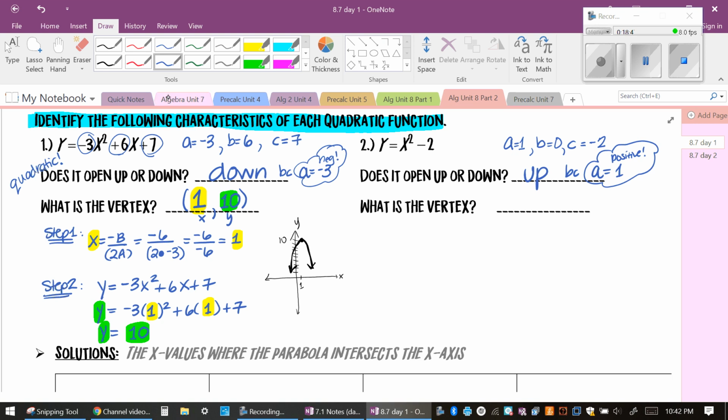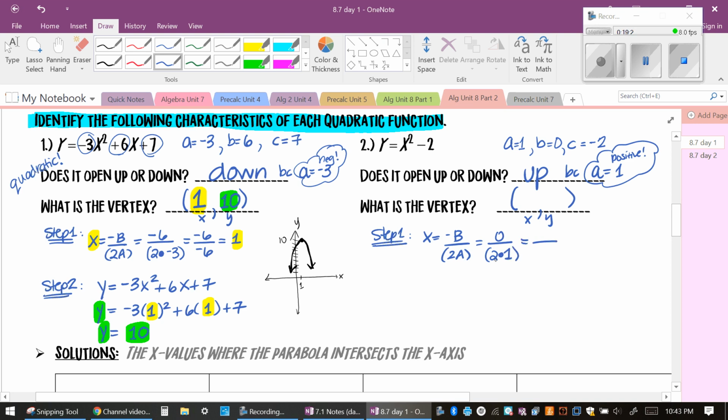What is the vertex? Well, it's 2 steps. Step 1, take the opposite of b and divide it by 2 times a. Opposite of b, well, guess what? We don't have b, it's 0. 0 is the only number that doesn't have an opposite, so the opposite of 0 is just 0. 2 times a, which is 1.